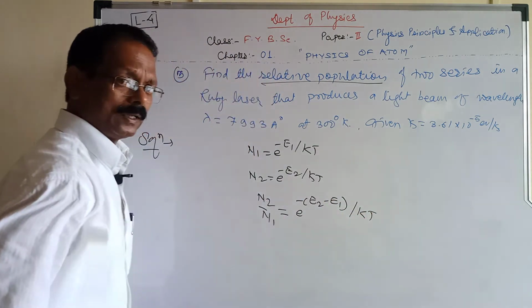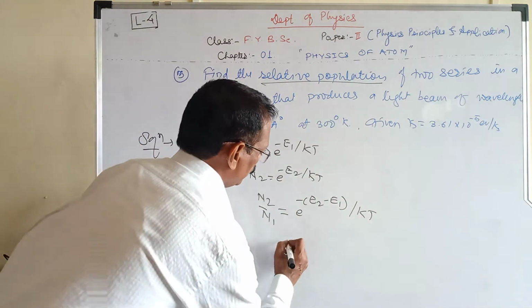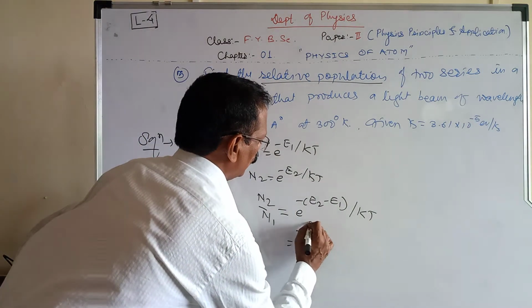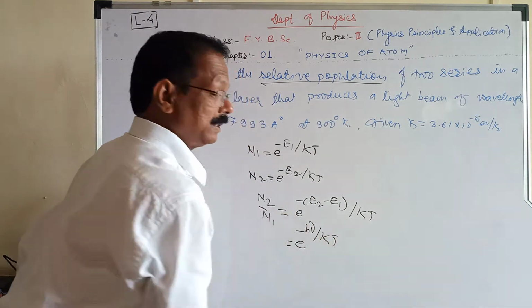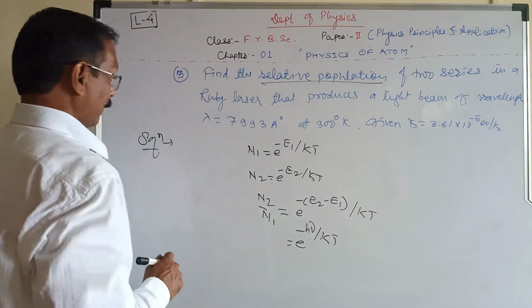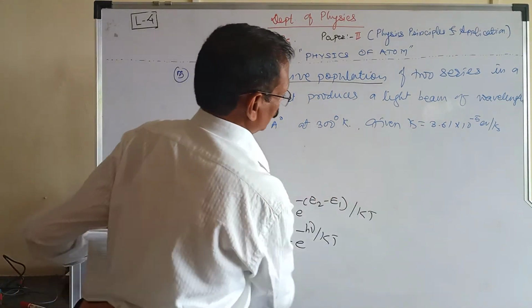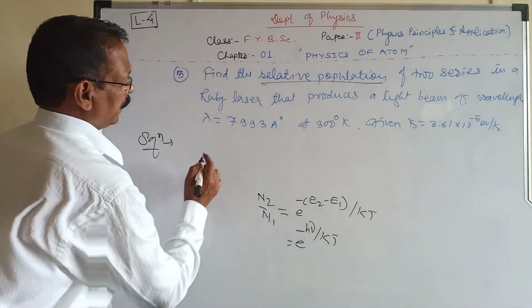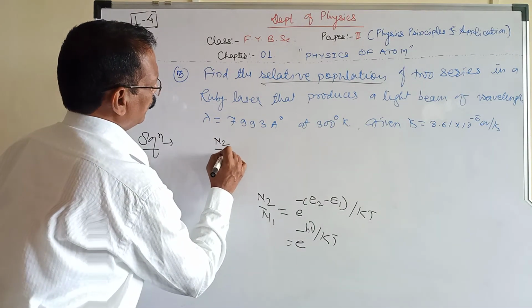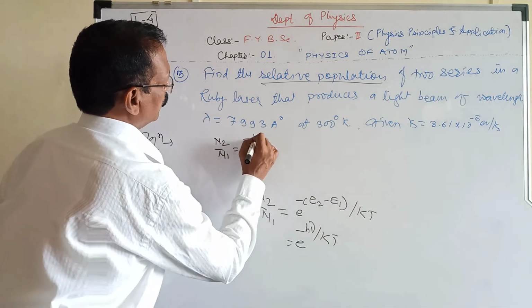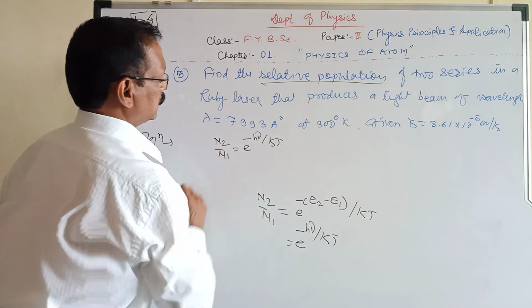So e2 minus e1, what is here? We know e2 minus e1 is equal to h nu here. So it is e raised to minus h nu upon kt here. So this is the formula for this example here. So write down this formula here. We know n2 upon n1 is equal to e raised to minus h nu upon kt here. This is the formula here.